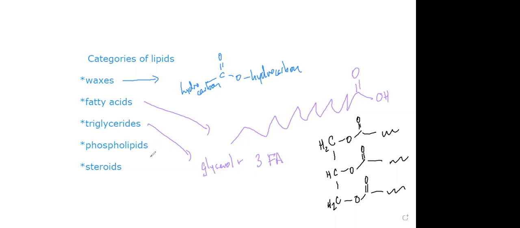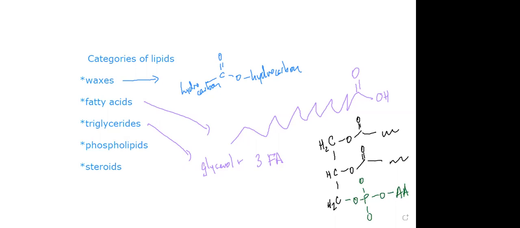There is the glycerophospholipid, where we basically take this glycerol structure and we swap out this last fatty acid group for a phosphate group and an amino alcohol. That's where the amino alcohols come in.